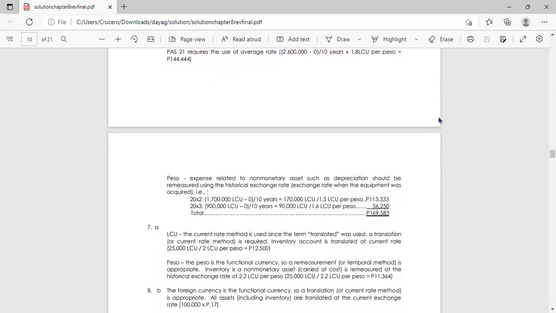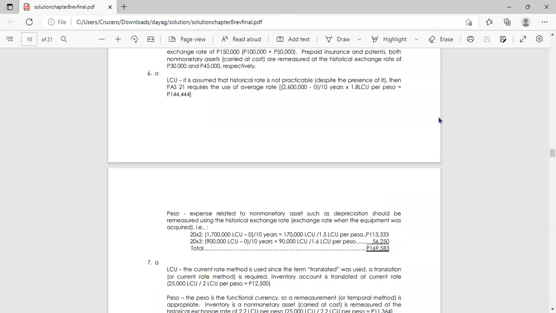Number 6: how much depreciation expense relating to the foreign subsidiary's property, plant, and equipment should be charged in LL's statement of income for 20x4?